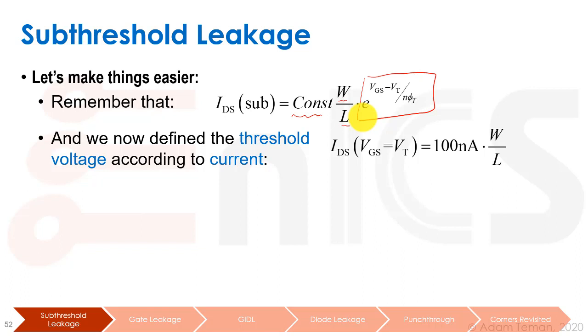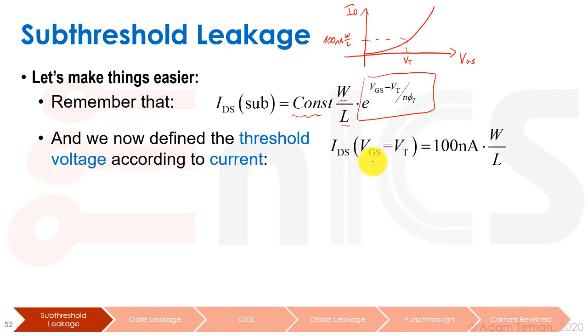So we saw before that one of our ways to find threshold voltage, for both VT_lin and VT_sat, is we take our VGS to ID curve and say, okay, we have 100 nanoamps times W over L, and when we reach this point, this is what we call VT. So that was a definition.